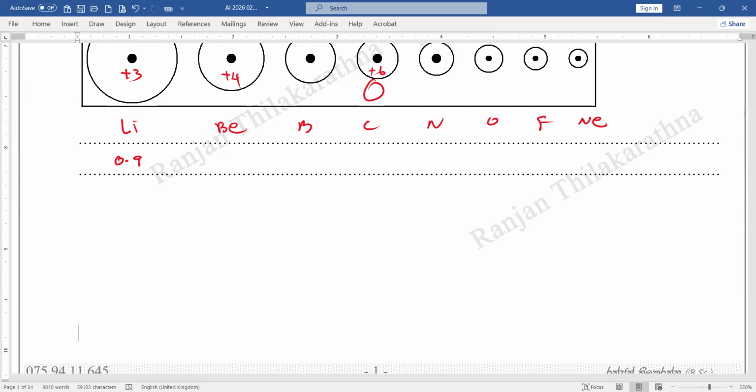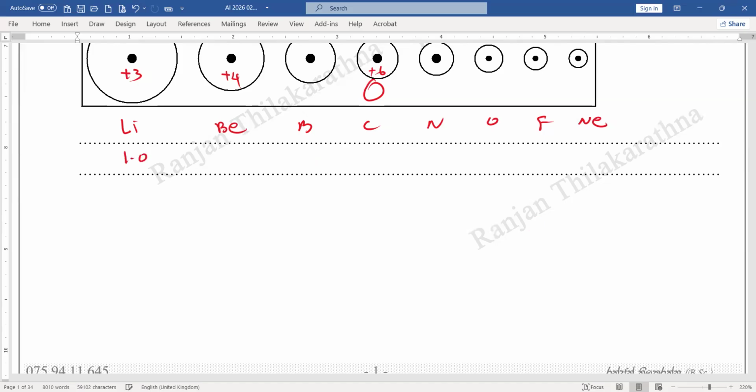Just look at this. This is 0.9, this is 1.2, 1.5, 1.8. No, I'm sorry. That is starting from sodium.